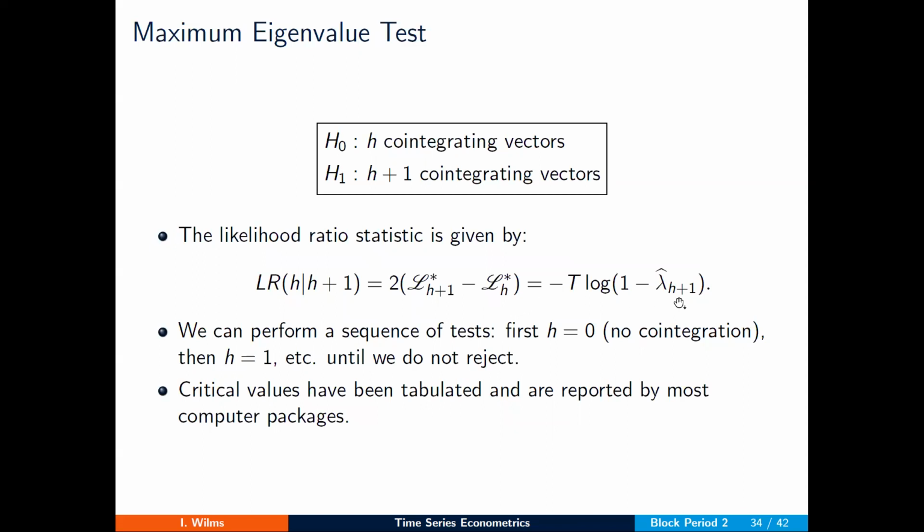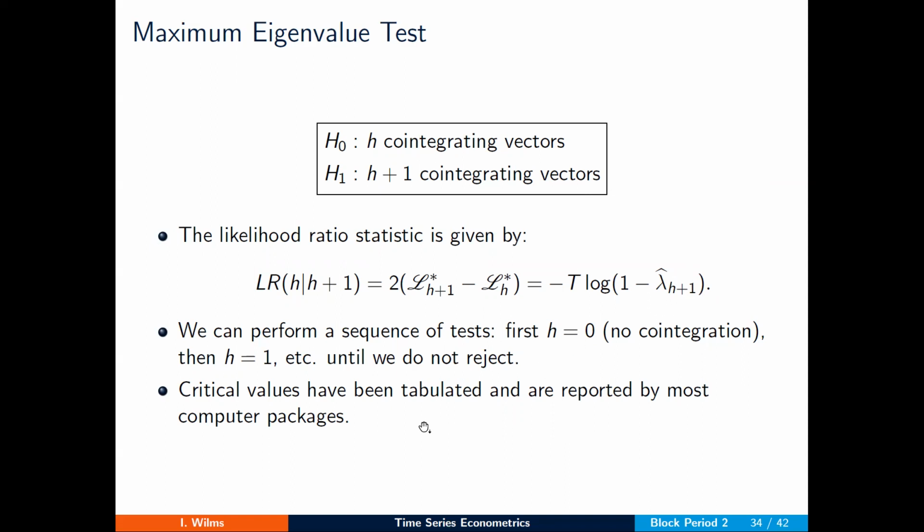So it's hopefully not a surprise that only one eigenvalue pops up over here, as the name also gives, namely this last one, the maximum eigenvalue. And again, under the null, we expect that this eigenvalue will be small, so we would not reject the null for small values of the test statistic.